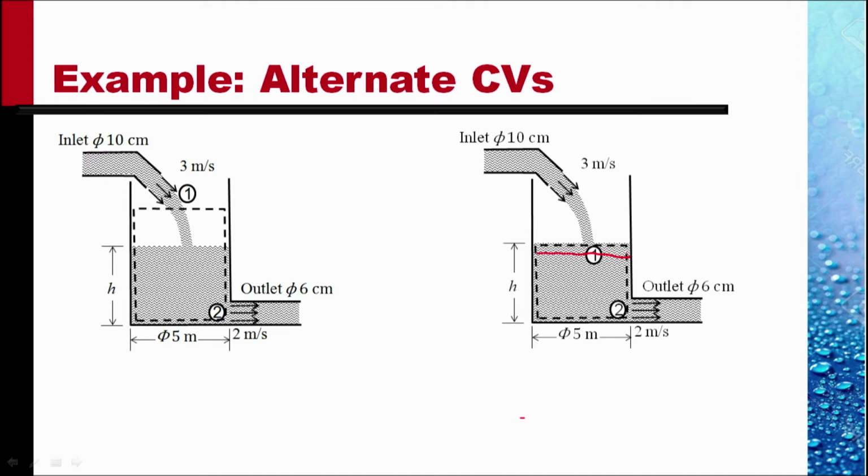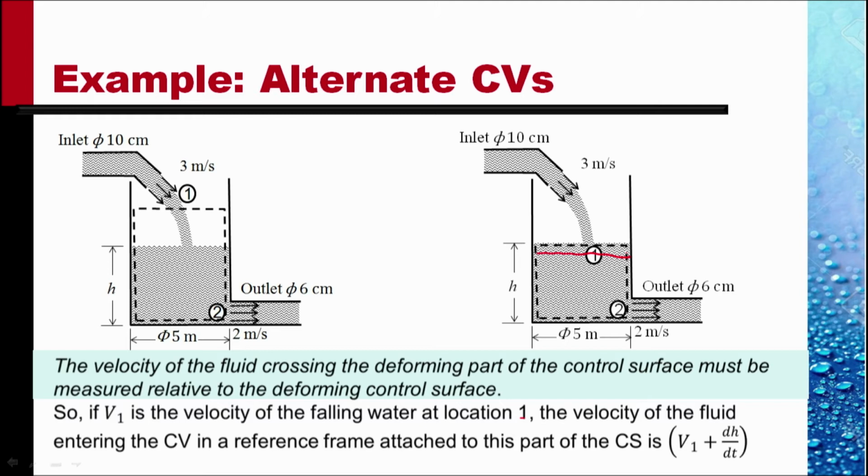And so, the average velocity of influx at that surface would be velocity of water plus dH by dt. The velocity at which the water is crossing into the control volume, the relative velocity. To state it again, the velocity of the fluid crossing the deforming part of the control surface must be measured relative to the deforming control surface.